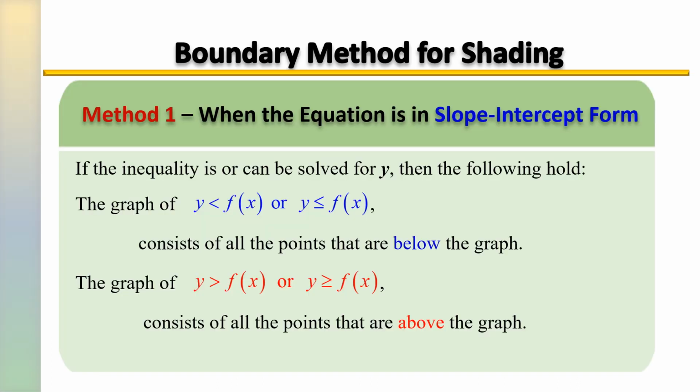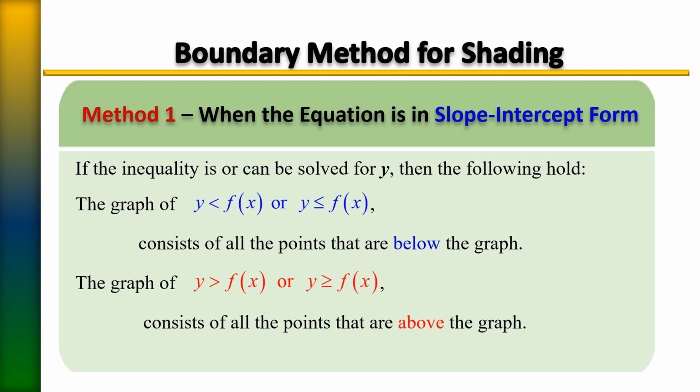If the equation is in what we call slope-intercept form, meaning it's solved for y, and y is less than or less than or equal to, any type of less, it means that you are going to shade everything below the line.